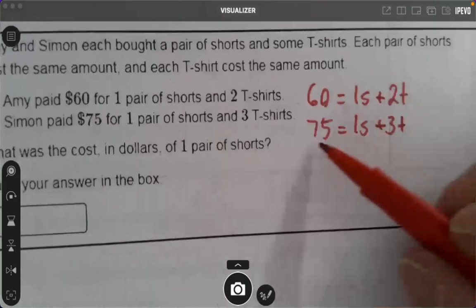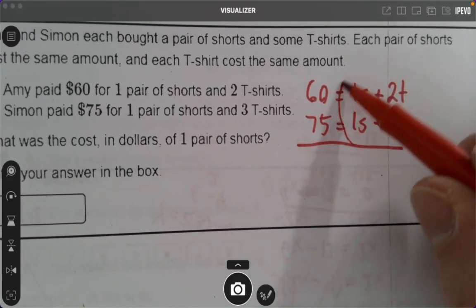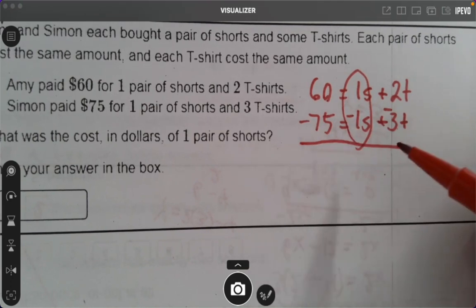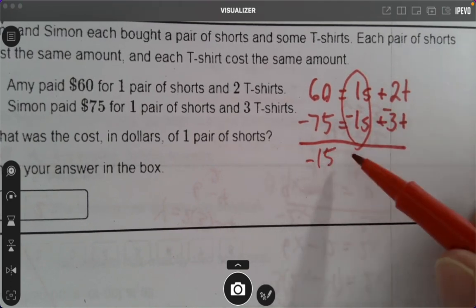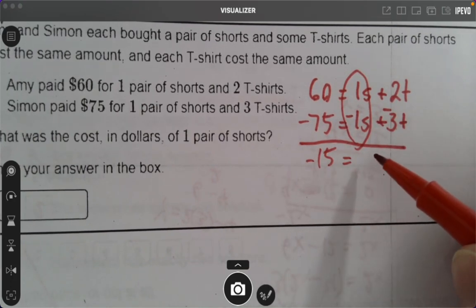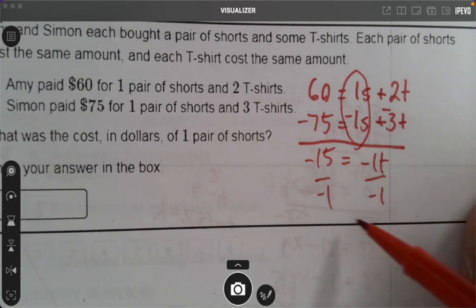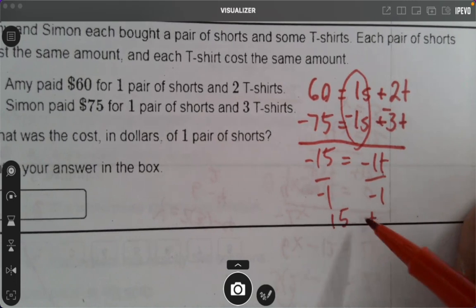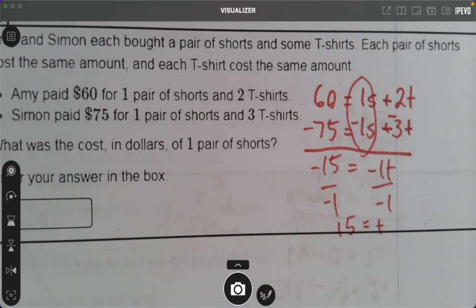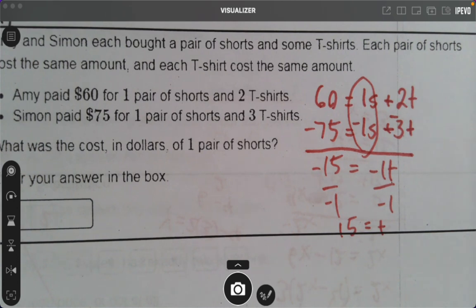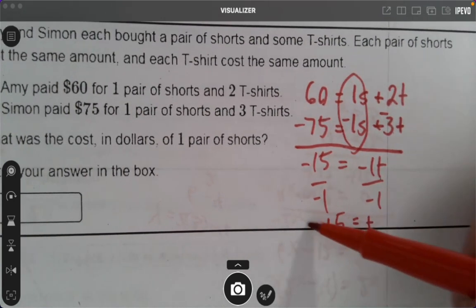So you can do elimination with this, make those eliminate by making that negative, and that negative. So you get negative 15 equals negative 1t. Divide by negative 1, t equals 15. So the t-shirt costs 15, but it wants the shorts, so I have to back sub it.